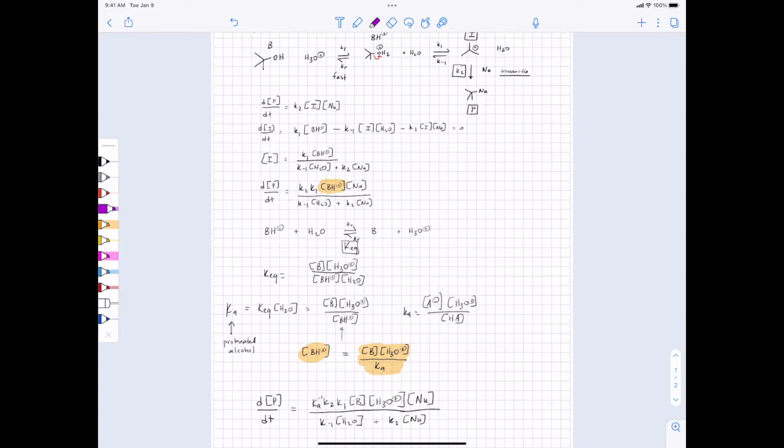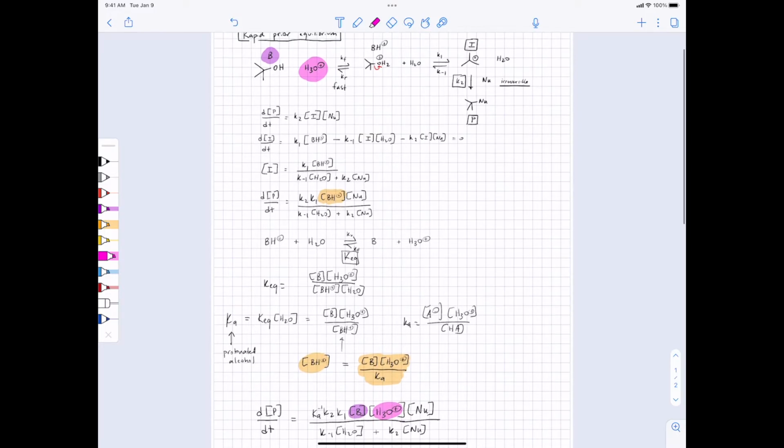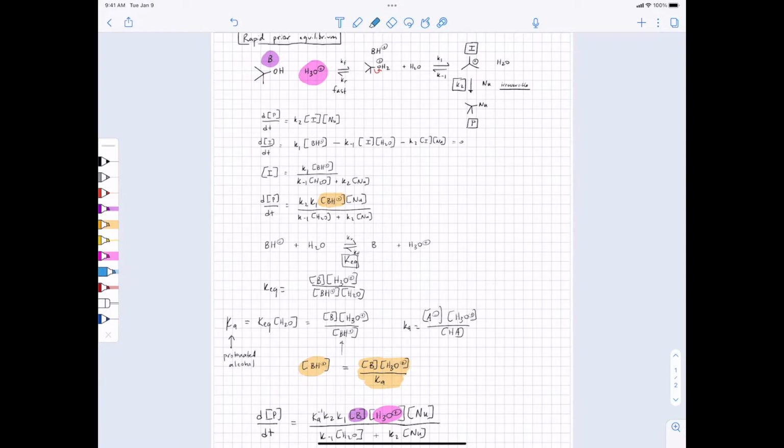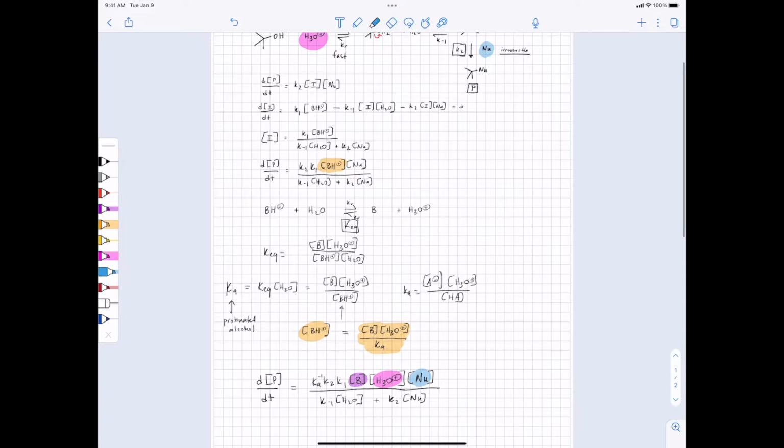The rate of the reaction depends on the amount of alcohol. It also depends on the amount of acid. That makes sense. The acid is consumed in this reaction, so more acid should make the reaction go faster. Then it will depend on the concentration of nucleophile, though in a way that could be zero order at high nucleophile concentration.